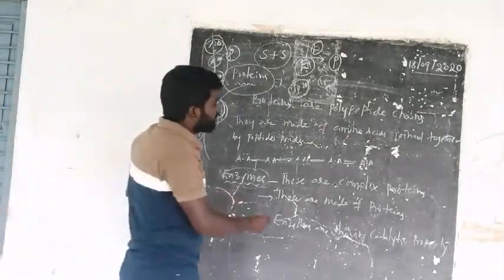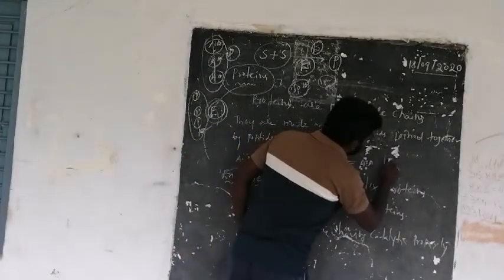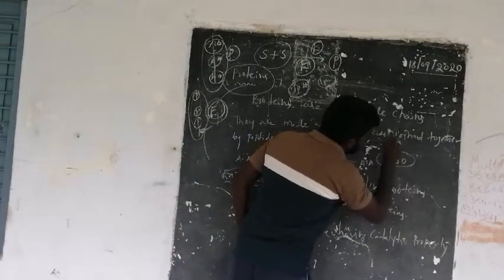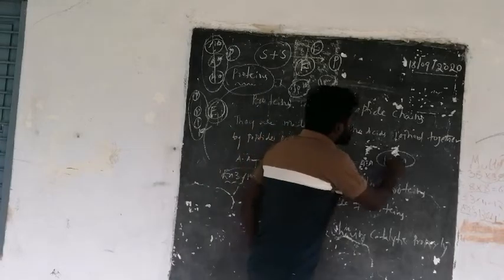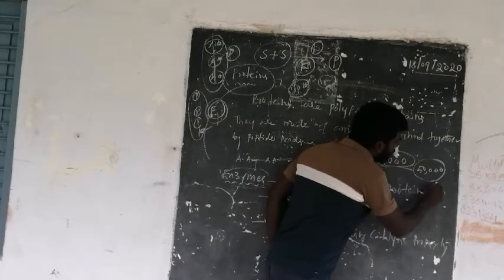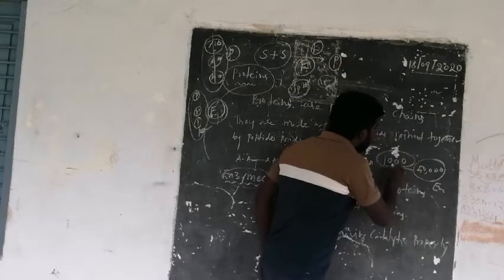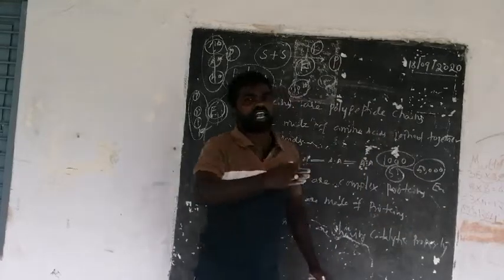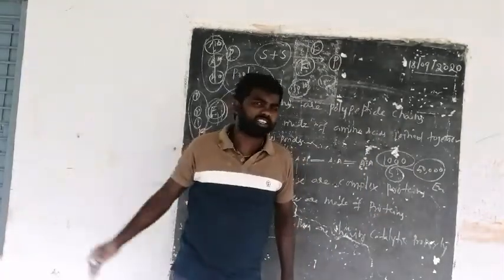For example, in our body, suppose 1000 proteins are there. Among these 1000 proteins, 50,000 proteins are used to form enzymes, and the remaining 50,000 proteins have different functions in our body.